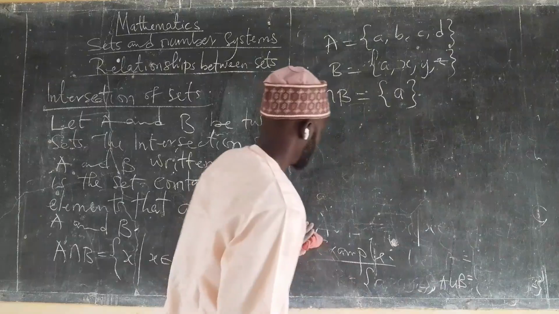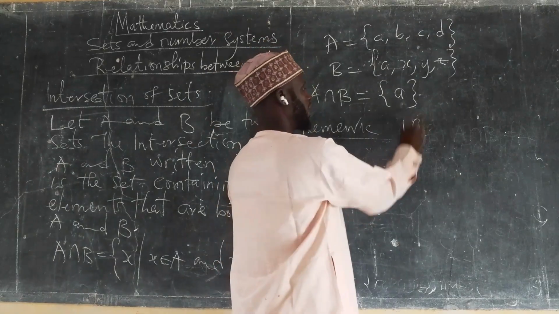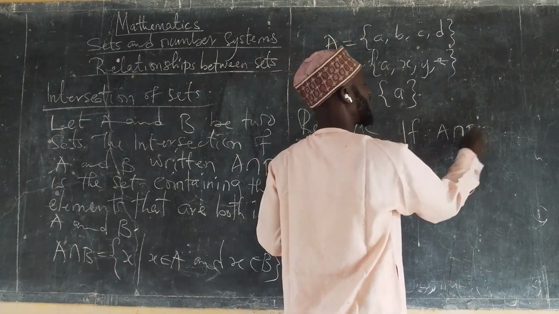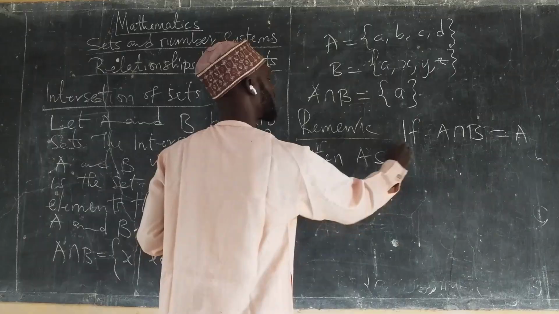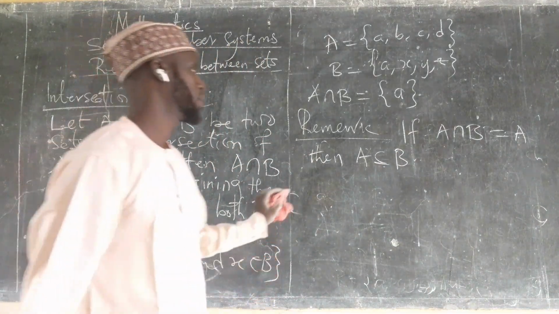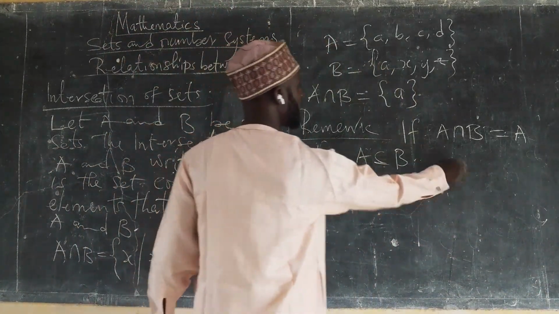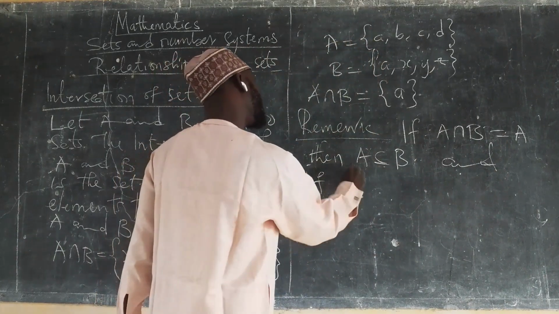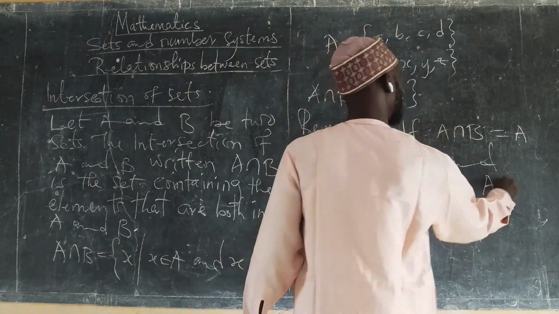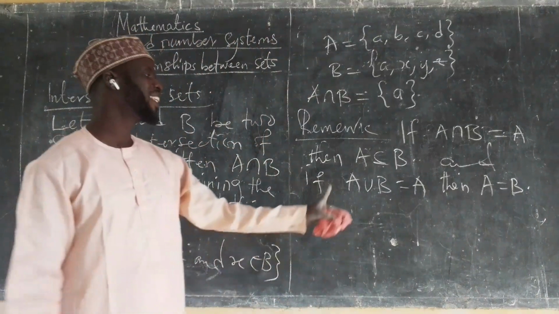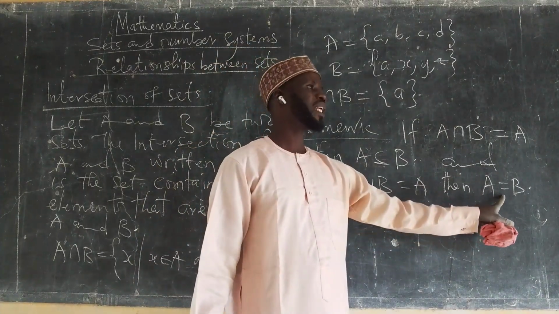We should also take note, as a remark, if A intersection B is equal to A, then A is a subset of B. And if A union B is equal to, say, A, then A is equal to B. So equality will happen if you take the union and it gives one of the two sets, clearly the two sets are equal.